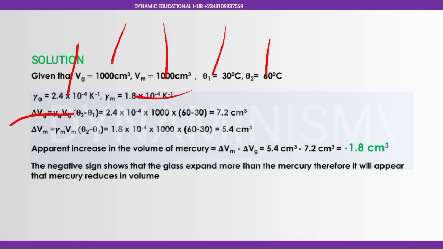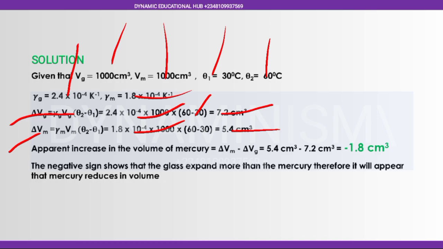You substitute those values here, which was 2.4 times 10 to the power minus 4 times 1000 into bracket 60 minus 30. And if you solve it, you get 7.2 centimeter cube. The same thing, you calculate the change in volume of your mercury as well. You insert the values given, you get 5.4 centimeter cube.